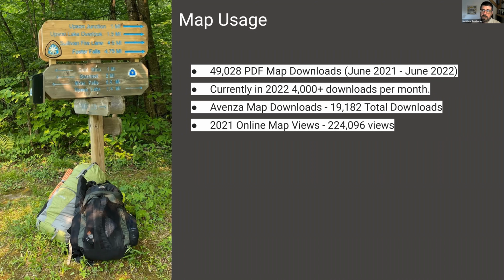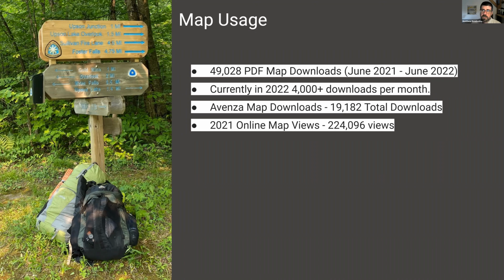So that's pretty substantial. We've had those maps, we update them, but the maps have been up there for a long time. So, I don't know if those are new downloads or re-downloads from the same user. We don't have that analytic built into it, but 50,000 downloads is substantial for us. That's pretty big.